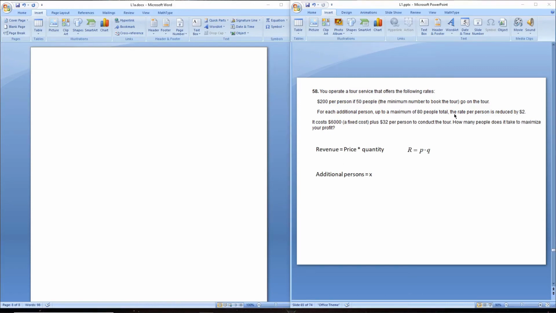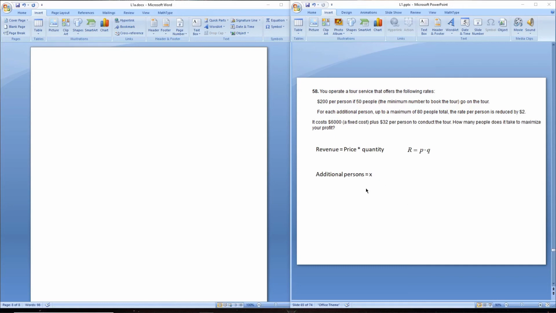So what does this last part mean? The rate per person is reduced by $2. So if you have one additional person, that's a $2 reduction. If you have two additional people, well, you'll have a $4 reduction. You get a $2 reduction for each person above 50.